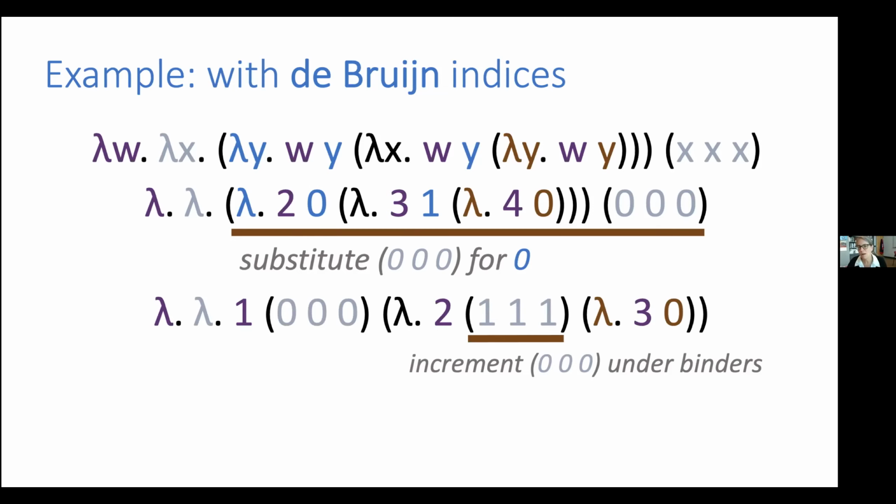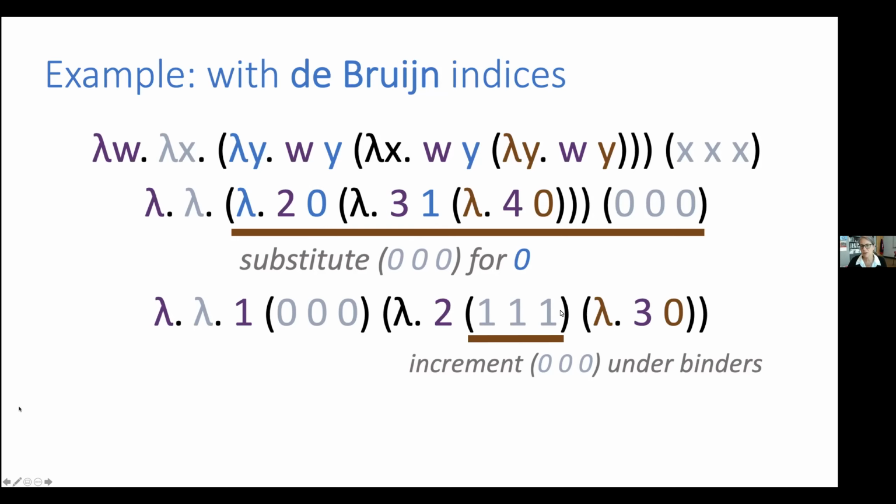One thing is that depending on where the variable occurred that we were substituting for, we had to change the term that we were substituting in. We started looking for the blue 0, but then we went under a lambda, and then we had to look for a blue 1.